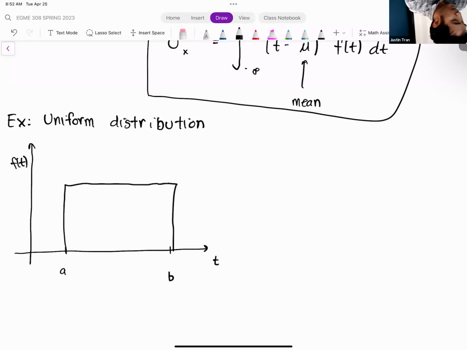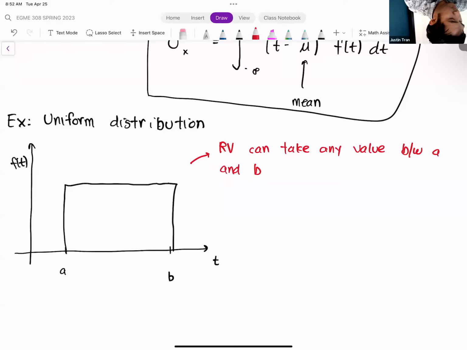What this tells us is that our random variable can take any value between a and b with equal probability.